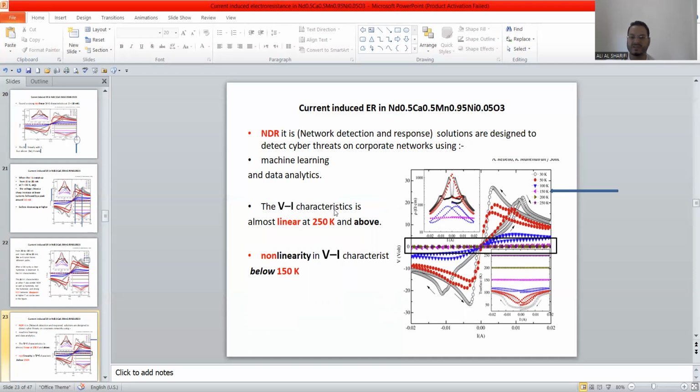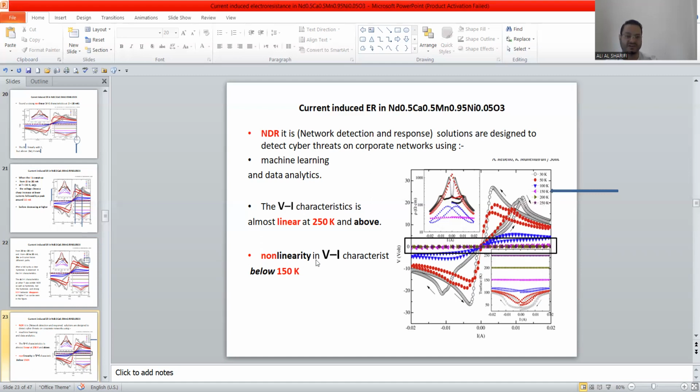Here, the IV characteristics is almost linear at 250 Kelvin at a high amount of current and above. Actually, from 200 it starts to be linearity behavior, and above that will be like that.